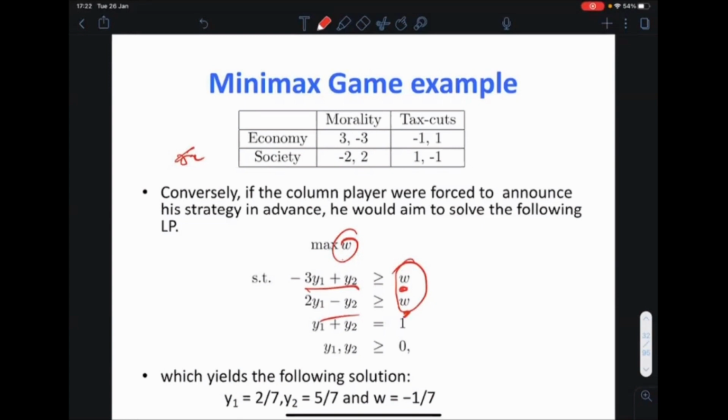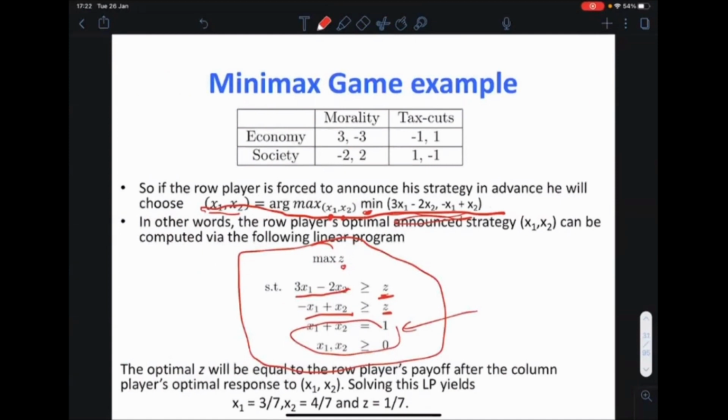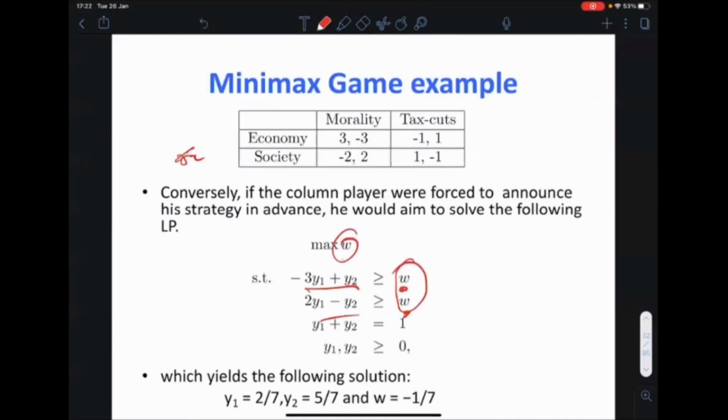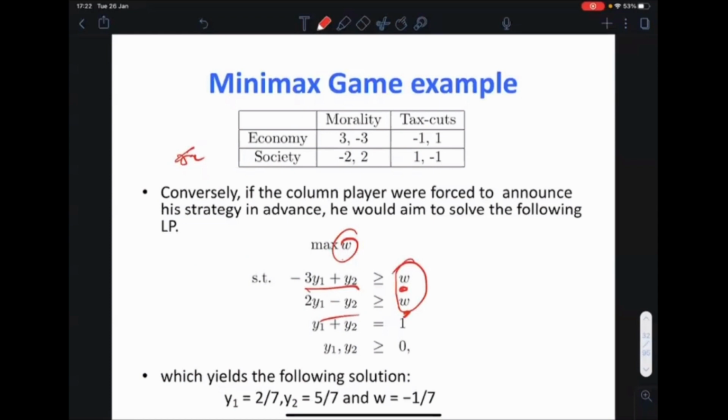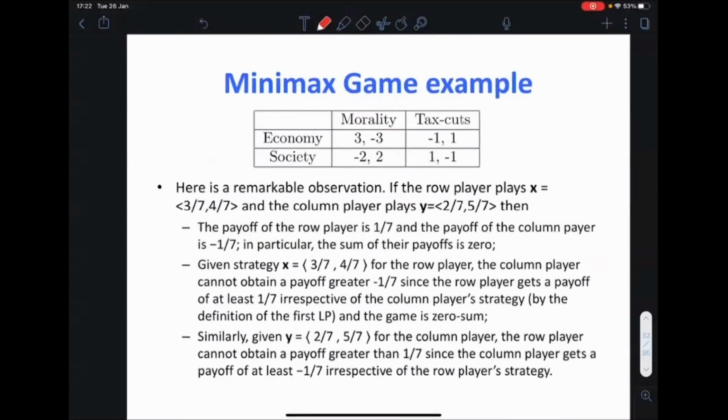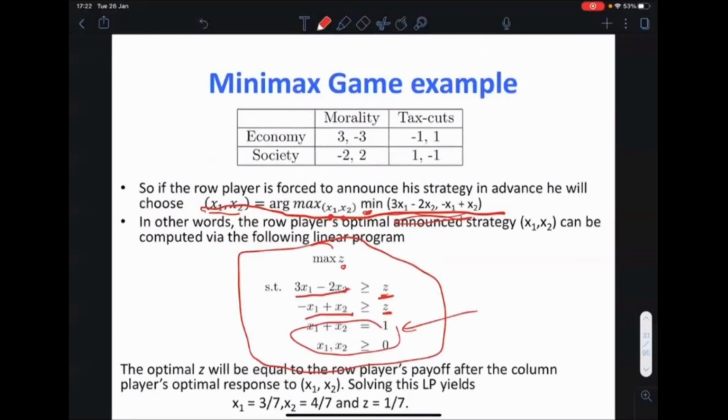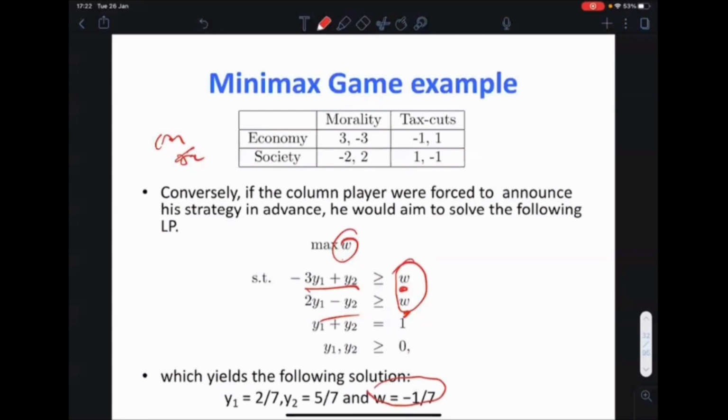I can do that. So you can find it's very interesting. These two solutions are consistent with each other, right? This gives y1 is 2 out of 7, y2 is 5 out of 7, and w is minus 1 out of 7. This is from the row player's perspective, but from the column player's perspective, the lower bound is minus 1 out of 7. From the row player's perspective, z, the lower bound, is basically 1 out of 7.